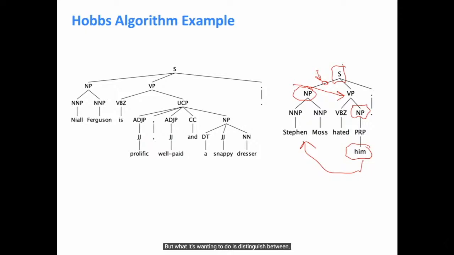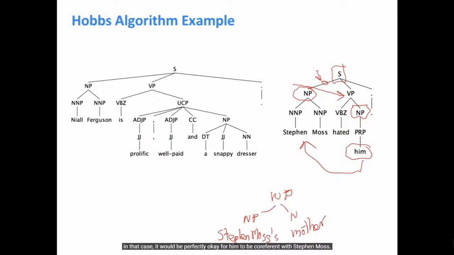But what it's wanting to do is distinguish between another thing that we could have had here, a noun phrase that had another possessive noun phrase inside it. So if we had something like Stephen Moss's mother hated him, then in that case, it'd be perfectly okay for him to be co-referent with Stephen Moss. And the algorithm allows that because relative to this noun phrase, there's another noun phrase above it in between.